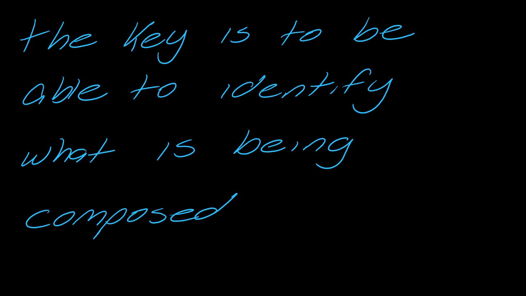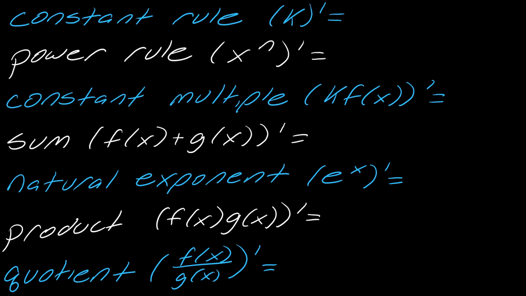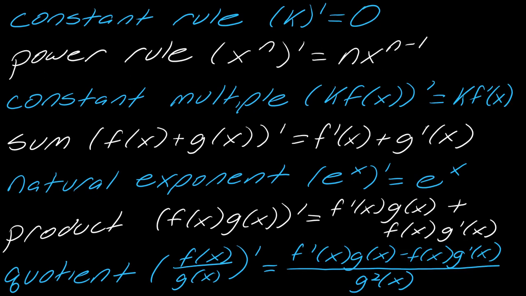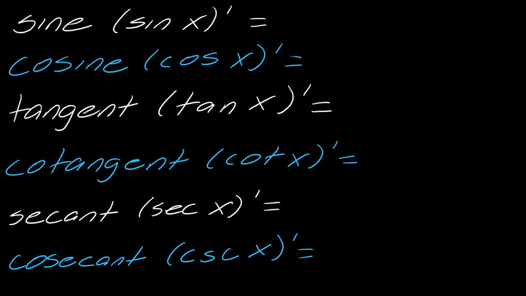So what I want to do is very quickly review all the derivatives. If you are still learning these, this would be a really great way to quiz yourself. You could pause here, try to see if you can recite all the derivatives, and I'll show you the answer in a second. So here's the first set of derivatives. We have to remember all of these for when we're working with the chain rule, and then I'll show you some other derivatives we're going to work with.